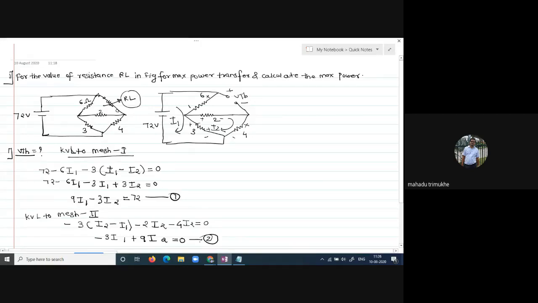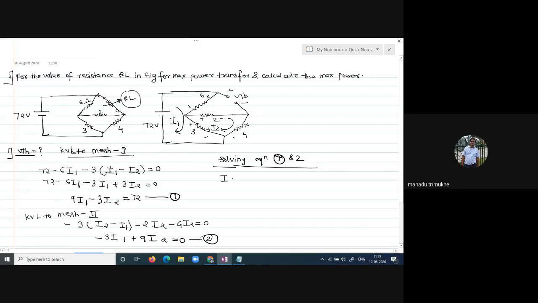These two equations you will get if you apply KVL at mesh 1 and 2. Solve equation number 1 and 2. Solving equations 1 and 2, what is the value of I1 and I2?